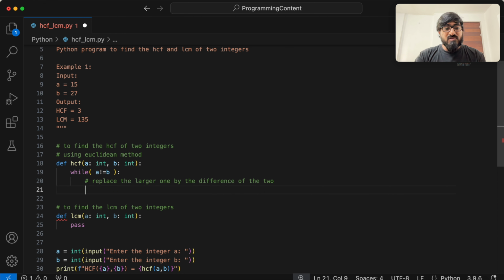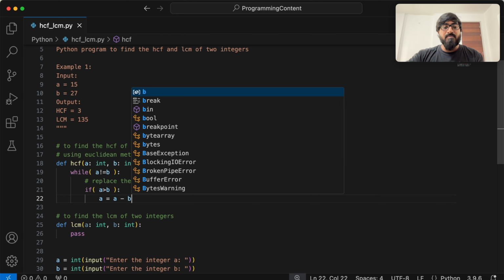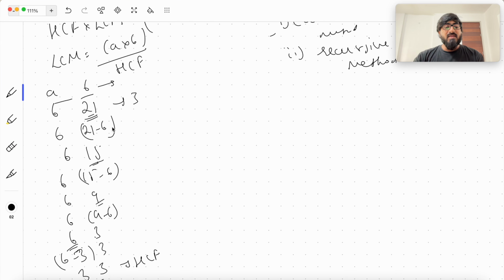So if a is greater than b, a has to be replaced by the difference of the two, which is a minus b. I can simply say a equal to a minus b, and b remains the same. In our case, this is a and this is b. If a is greater than b, b remains the same, and a becomes a minus b, so a becomes 3.